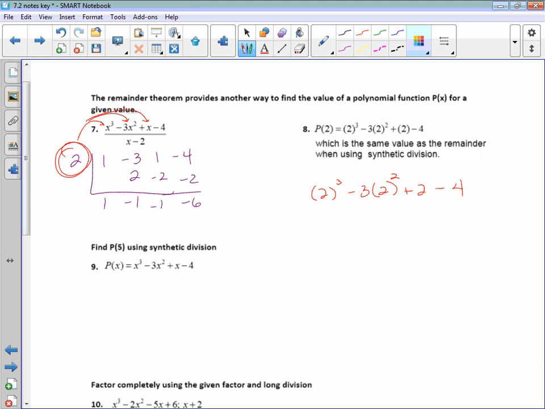If I evaluate that, I'd have 8 minus 3 times 4 plus 2 minus 4. So 8 minus 12 plus 2 minus 4. What's 8 minus 12? Negative 4 plus 2 minus 4, negative 6. Does that match my remainder? Yes. Then I know I did it right. And that's just another way you can find your remainder, is by plugging that in.